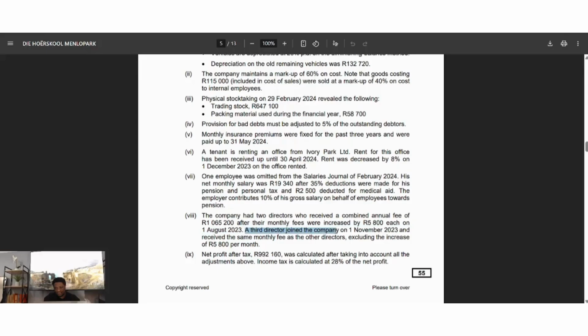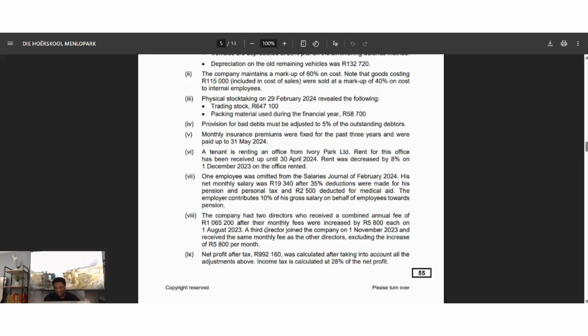And then it says the third director joined the company 1 November 2023 and received the same monthly fee as the other directors, excluding the increase of 5,800 per month. Okay, so basically we just need to figure out how much the third director earns, and then we add along with what the other directors are earning, and yeah, we'll be able to figure that out.